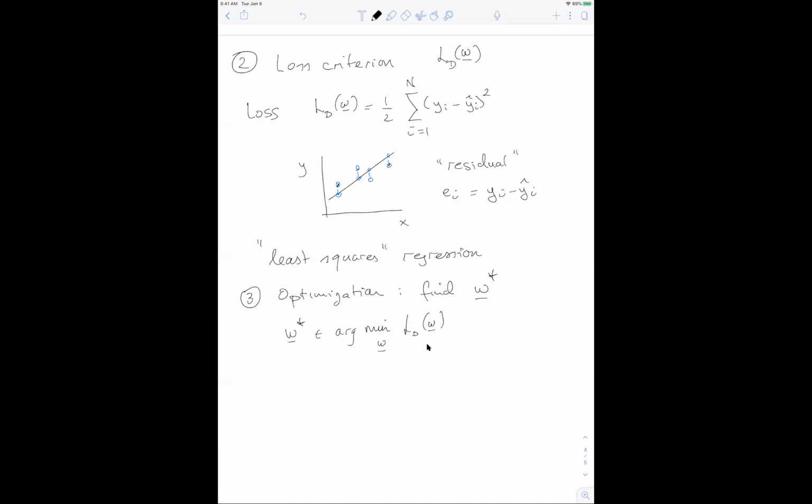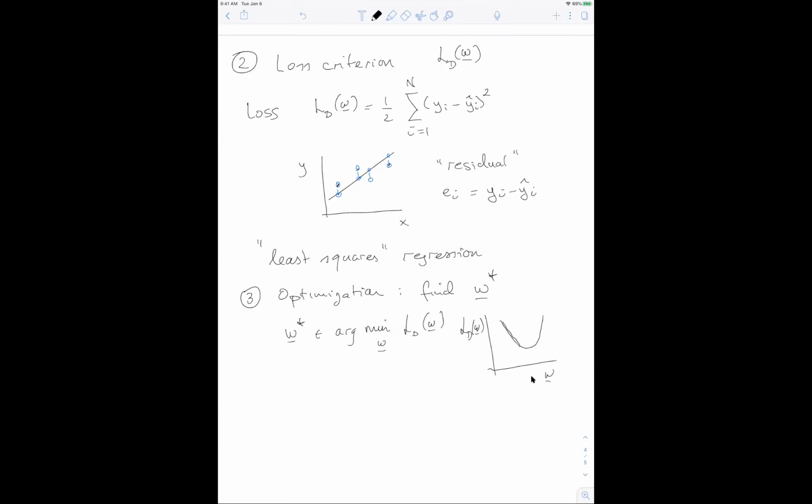And you might have two different pictures in mind of this. The world could be nice and friendly, and your loss function might be beautifully convex. This is a convex function as a function of the parameters W, here just in one dimension.